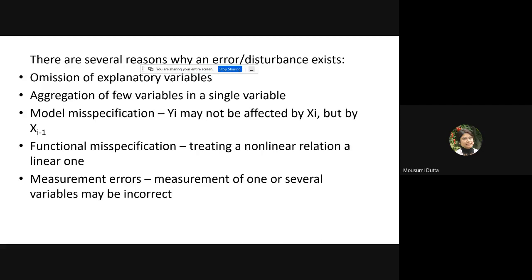Number one, omission of explanatory variables. Now, I told you to begin with, I'm considering a very simple model. I'm considering demand depends only on price. If I consider demand depends only on price, there are several other aspects which I'm not considering. When you are collecting demand for each and every individual, it is not only price determined.